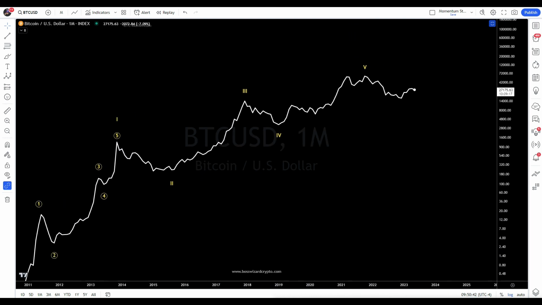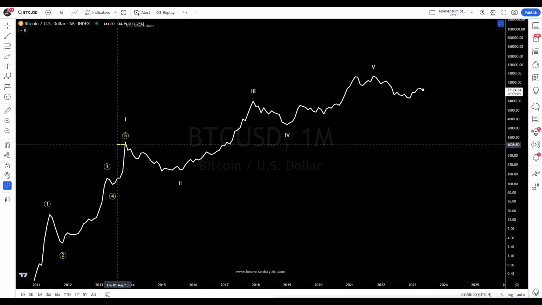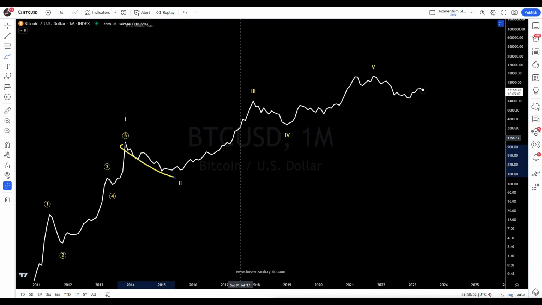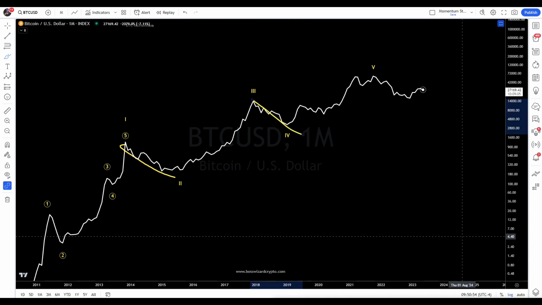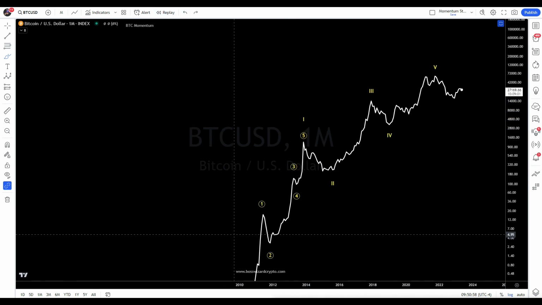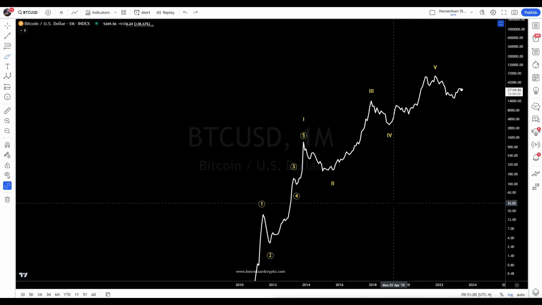The only thing you're missing is alternation here. So this is just zigzag family, and this is zigzag family. Zero alternation there at all. But hey, let's put it on the table.